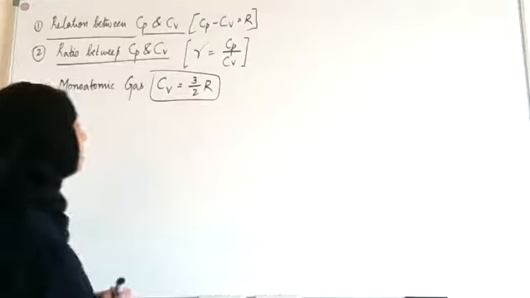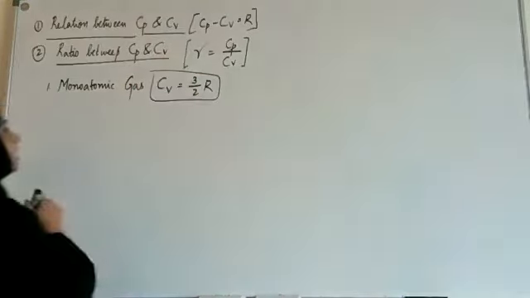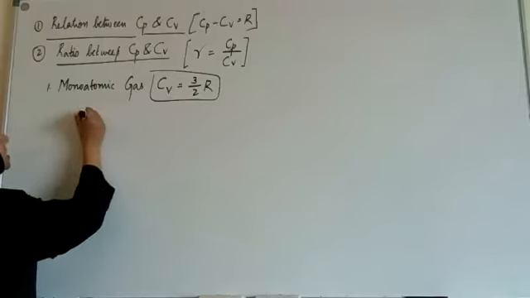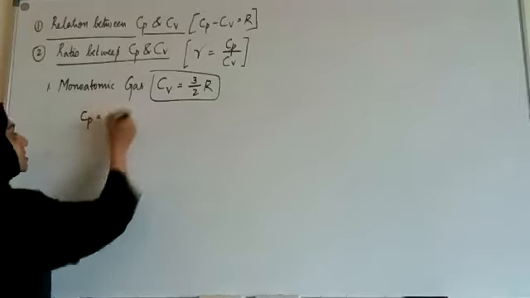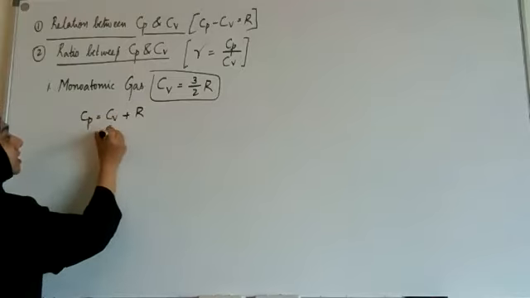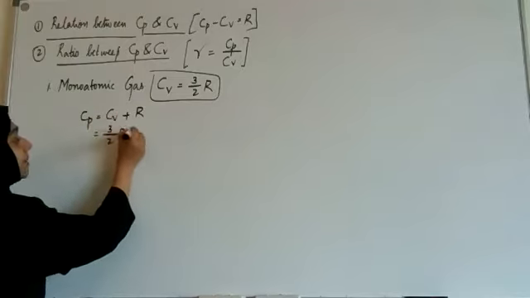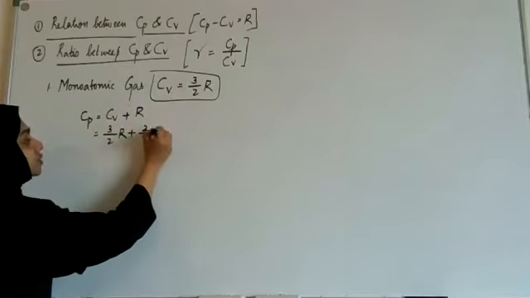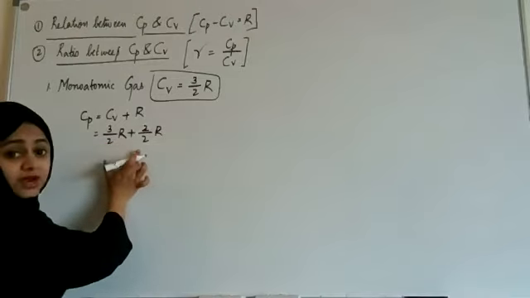That is, for a monoatomic gas, the molar specific heat capacity at constant volume is 3/2 R. Now we know that if Cv is given, it's easier to find Cp. Cp is equal to, from this equation, Cv plus R. So this will be 3/2 R plus R. I'm going to write 1R as 2/2 R to simplify the fraction.